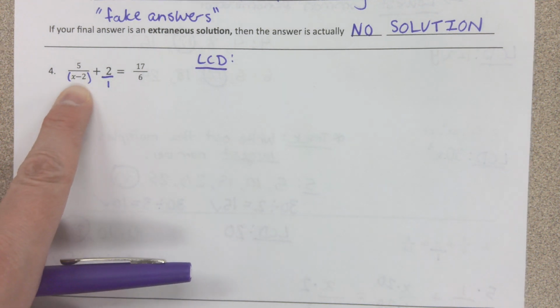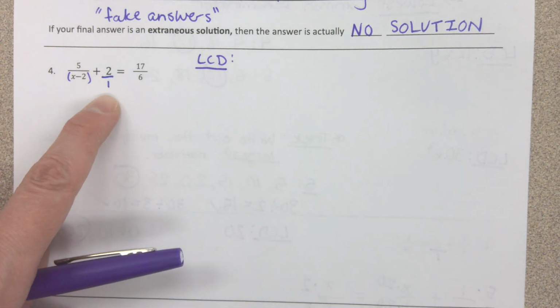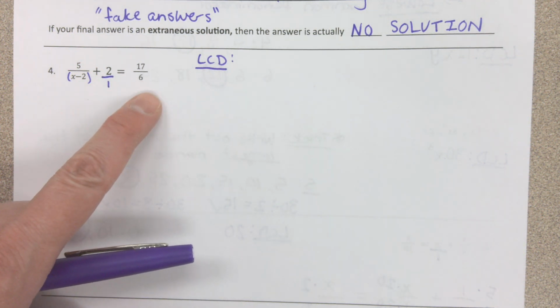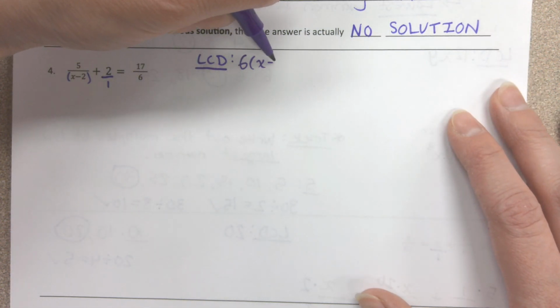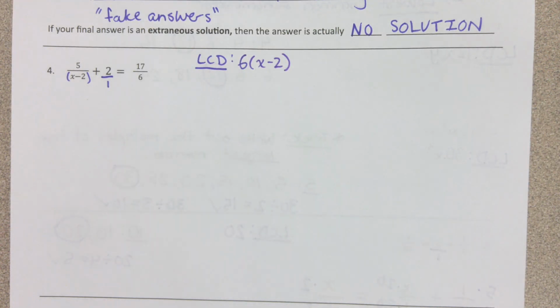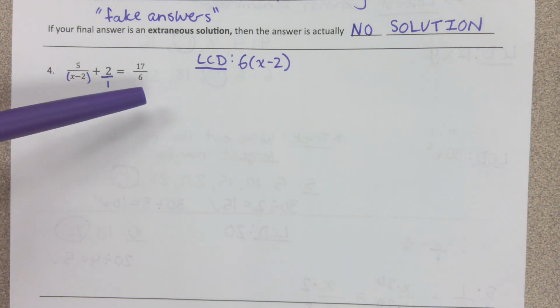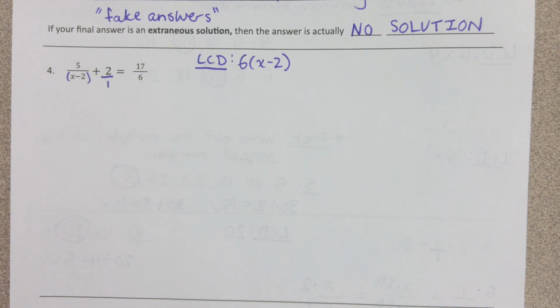Our denominators are x minus 2, 1, which we can essentially ignore, and 6. So our only option here is to just put them together. 6 times x minus 2. I can't turn x minus 2 into 6, and I can definitely not turn 6 into x minus 2, so we just use both. Put them together, there's your LCD.